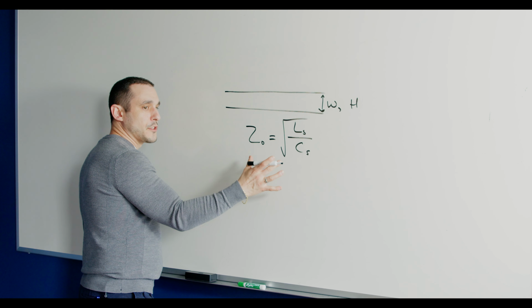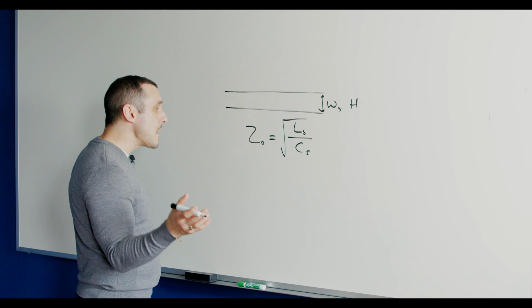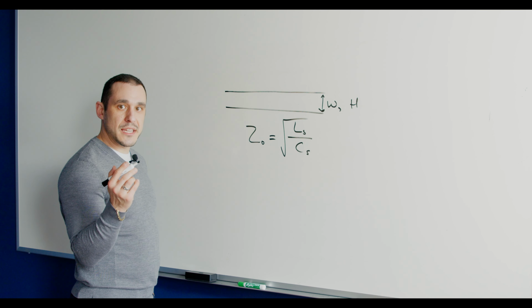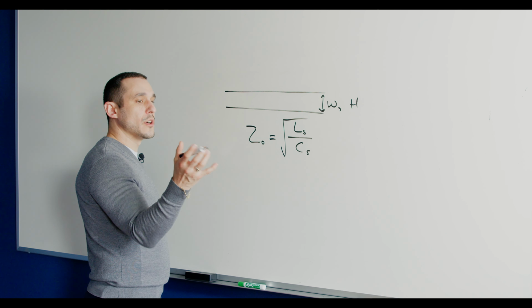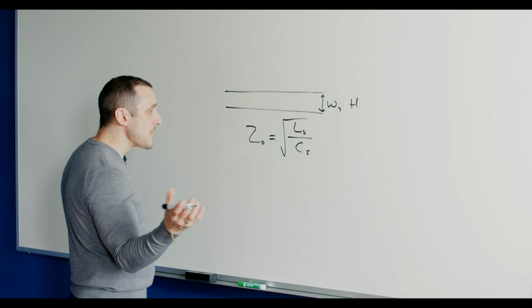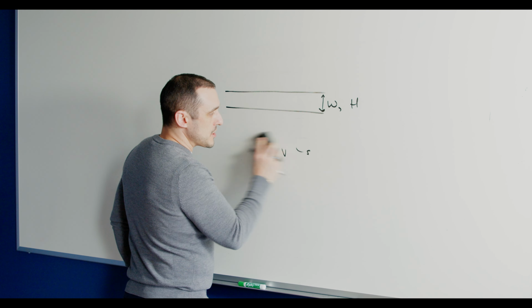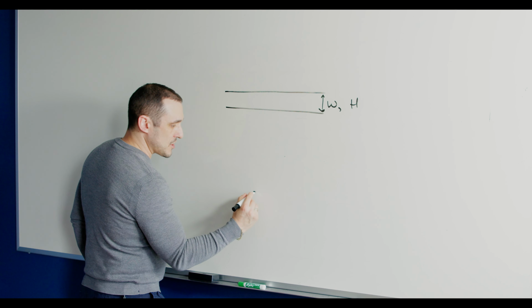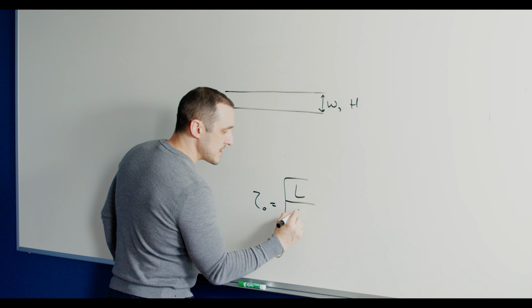Now, the reason I'm writing out the lossless impedance is because once we look at Polar Instruments software, they start from the lossless impedance and then use that to add in the losses to then give you a lossy calculation. We're going to start with the lossless impedance. So here, when we have this characteristic impedance, again, it's just Z0 equals square root of L over C.